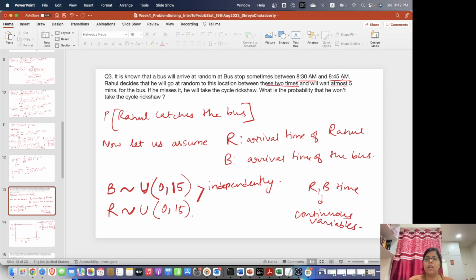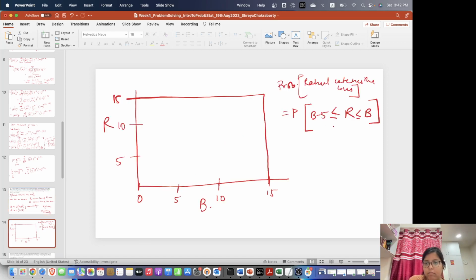Okay. So now the probability that he catches the bus is that he arrives before the bus and not earlier than 5 minutes before. He arrives within B minus 5 and B, because only then will he be able to catch the bus. Let's say this is the arrival time of the bus, this is B minus 5, this is B minus 10, this is B minus 15, and so on.